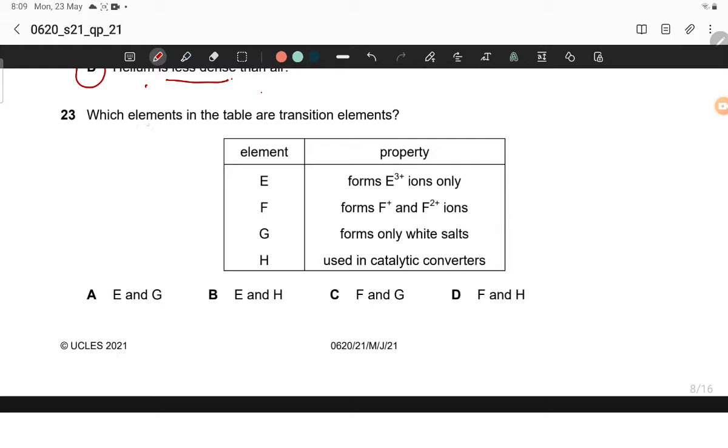Which elements in the table are transition elements? E forms 3 ions only, but transition elements form more than 2 ions. F forms F+ and F2+ ions.